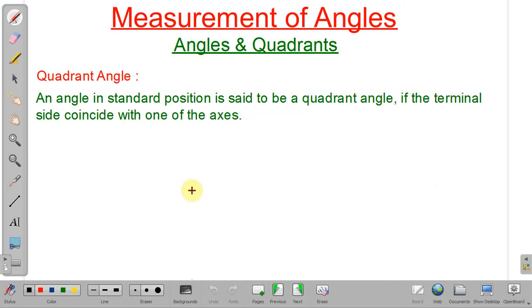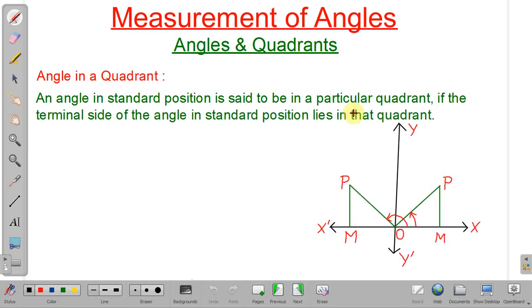Next one is quadrant angle. What is a quadrant angle? An angle in standard position is said to be a quadrant angle if the terminal side coincides with one of the axes. The initial side is the positive x-axis and the terminal side coincides with either the x-axis or the y-axis, so the measurement should be a multiple of a right angle.